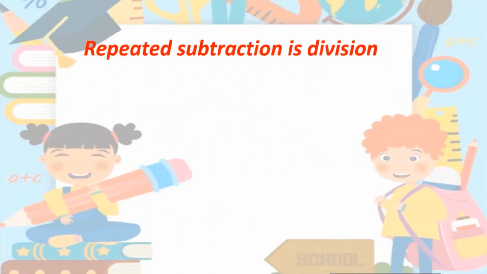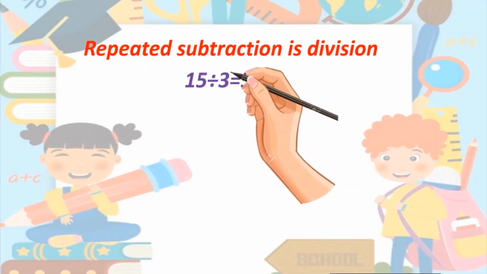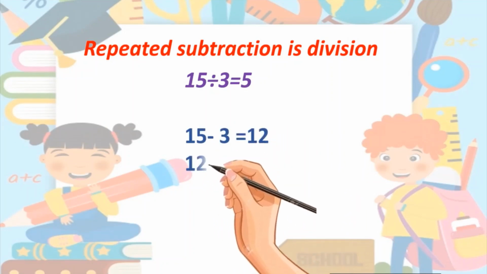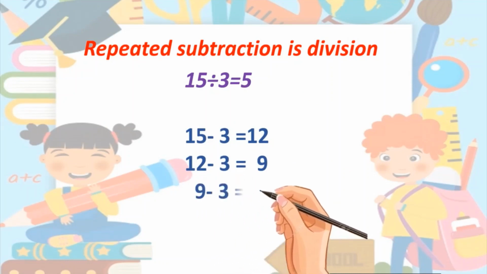Repeated subtraction is division. Here, we have a number 15 divided by 3. We need to find the answer. So, as we said, division is repeated subtraction. When we subtract 3 from 15, we get 12. Then subtract 3 from 12, we get 9.